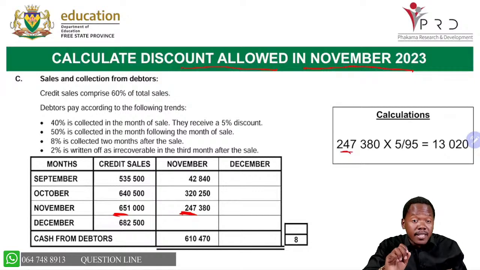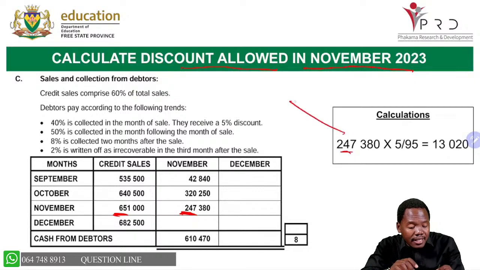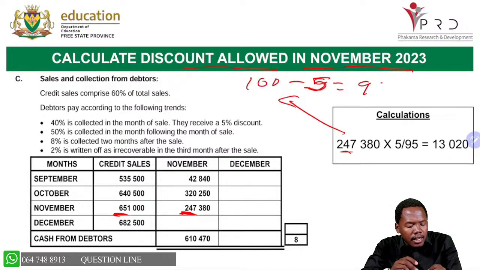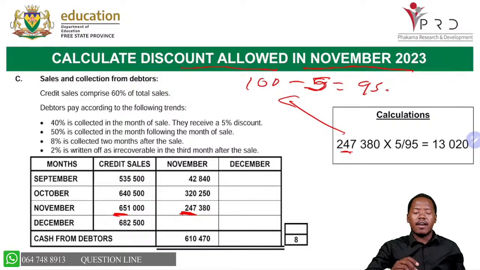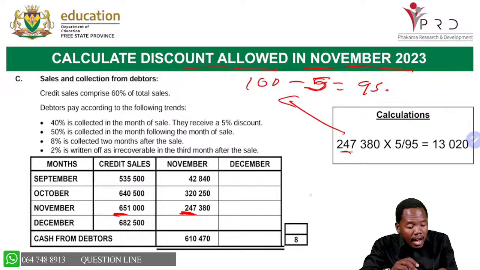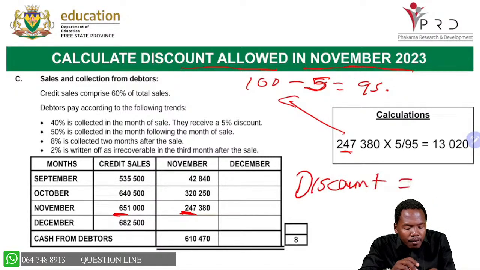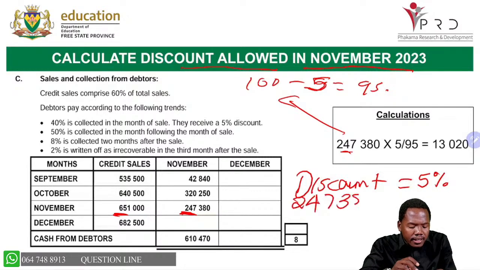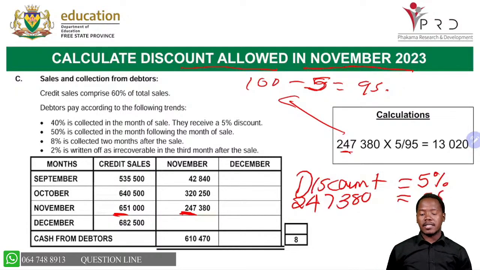Remember, 247,380 is not a full amount. It is an amount minus 5. So this is an amount of 95%. So I'm looking for discount. My discount is equivalent to 5%, and then my 247,380 is equivalent to 95%.